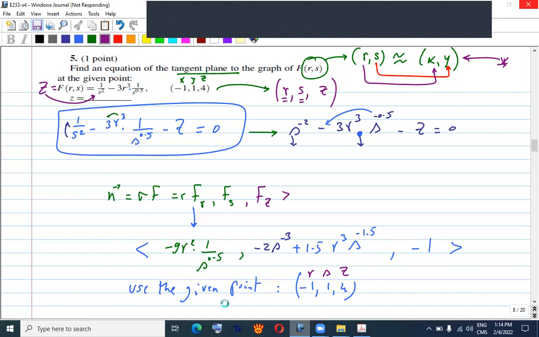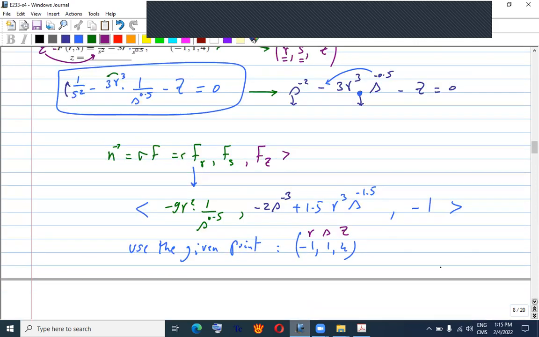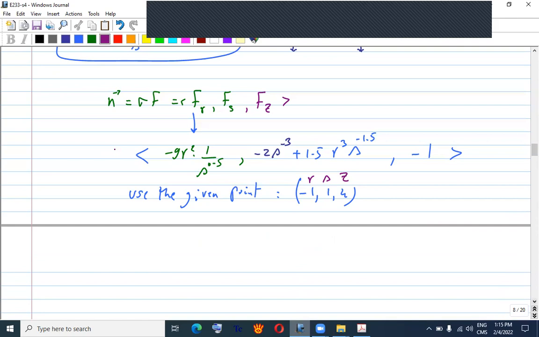Get your delta F as a value, as a normal vector, because you need it to get the equation of the tangent plane next. So this is my delta F. Plug in. What do you get for delta F? R is minus 1, so you get minus 9. S is 1, so minus 9.